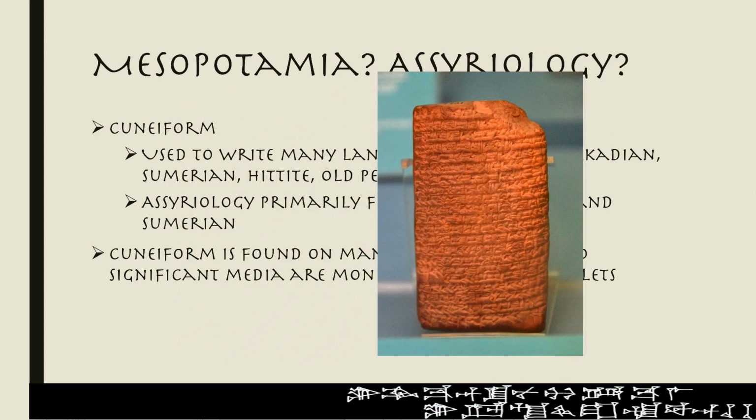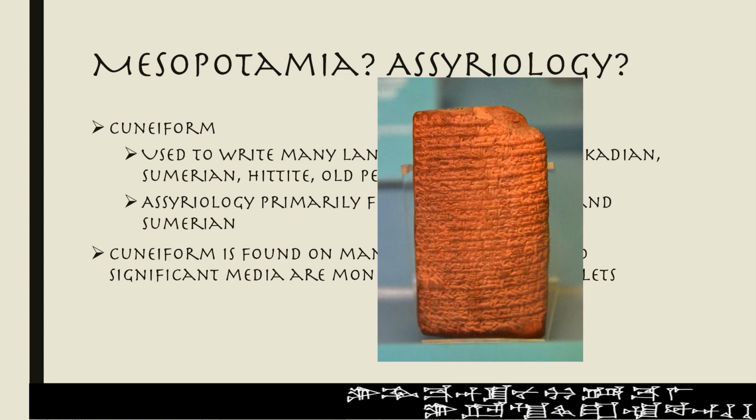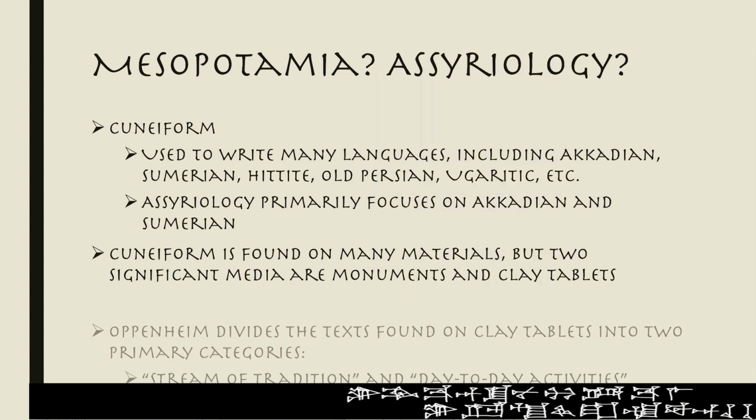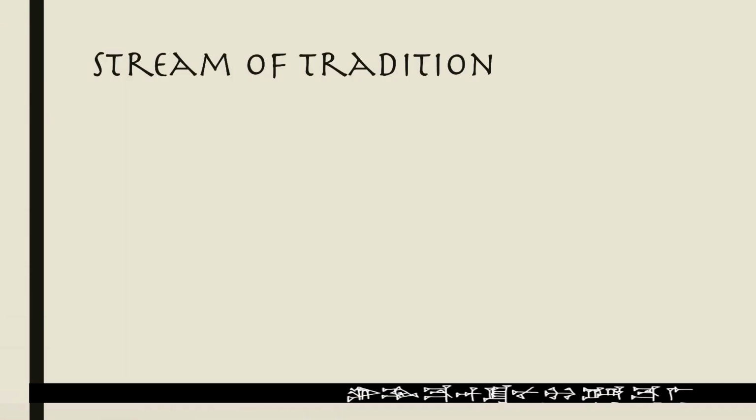In reality, though, much more important are the clay tablets, and we're going to talk primarily about those today. So Oppenheim divides the texts found on the clay tablets into two primary categories. He calls them the stream of tradition and the day-to-day activities. So let's talk about them.